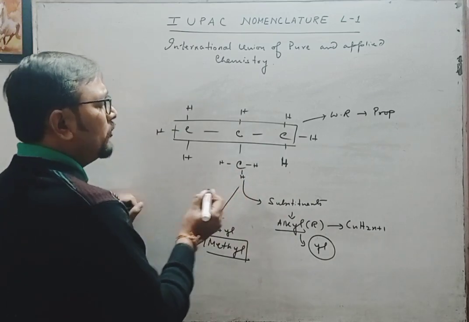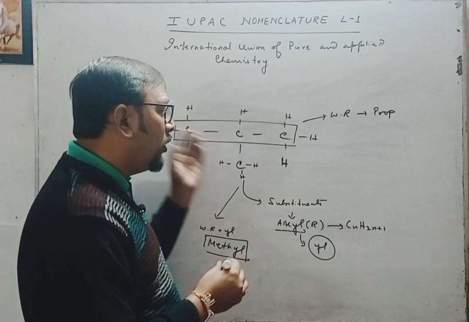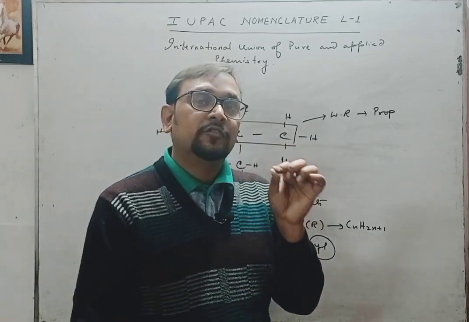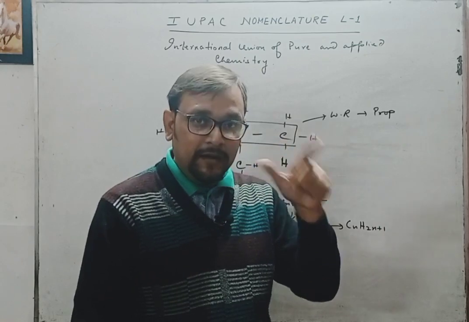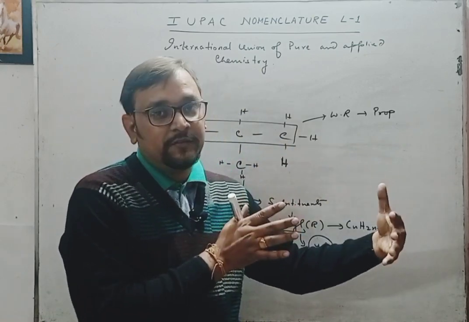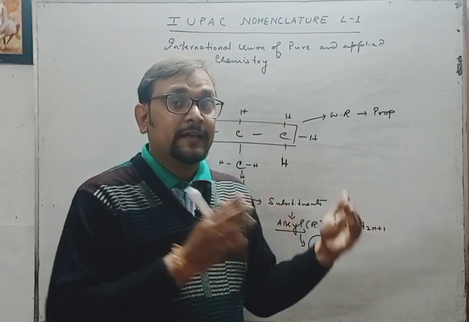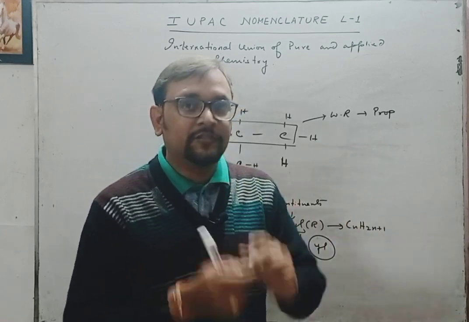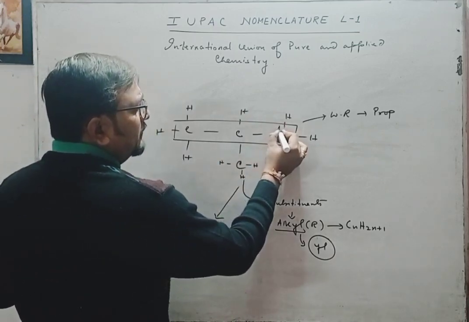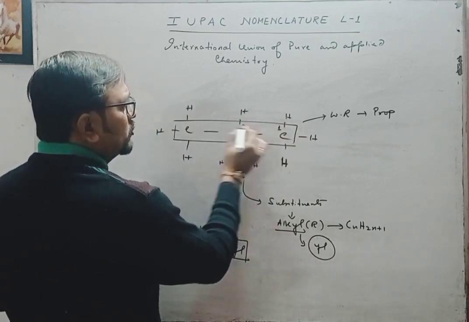While numbering our longest chain, we have to keep in mind that the substituent should get the minimum numbering or the minimum locant. If more than one substituent is there, then we go for the summation rule. I'll teach you. See, in this case, suppose I mark this from 1, 2, 3.